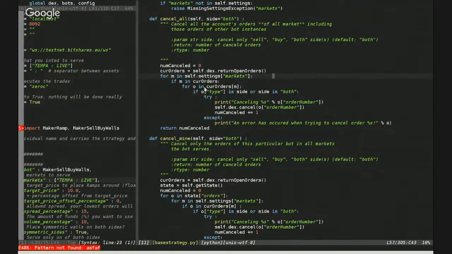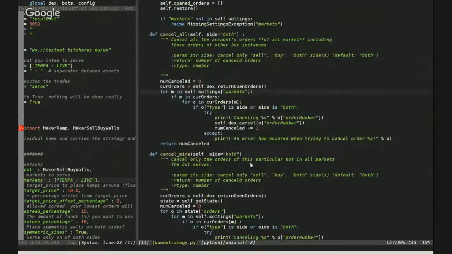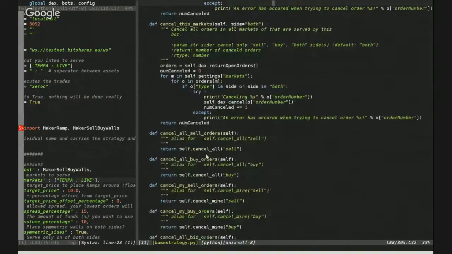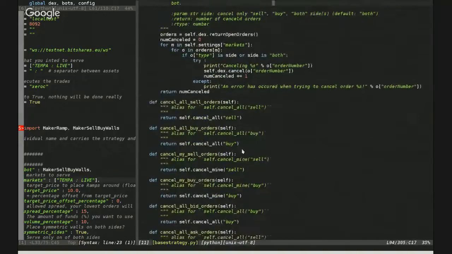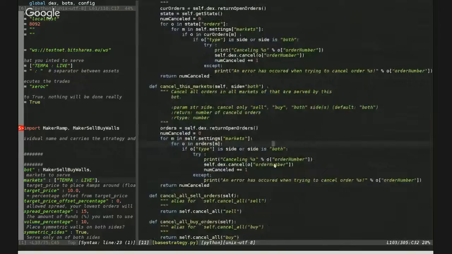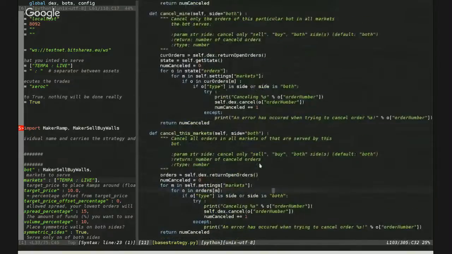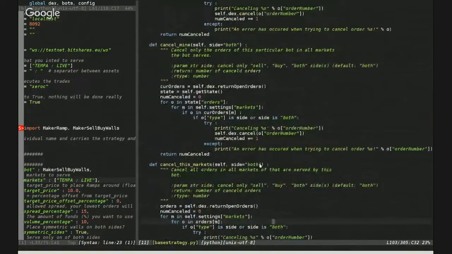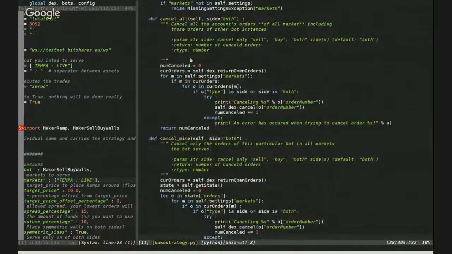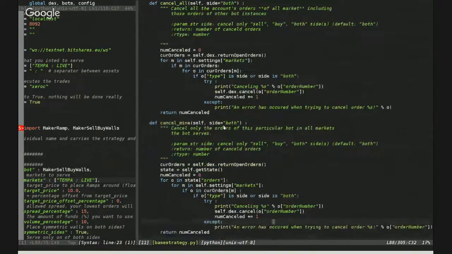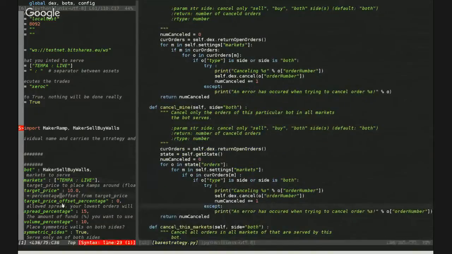Anyway, there are also some other methods that make life easier. For instance, cancel all, cancel mine, cancel this markets, and stuff like this. These are basically just for distinguishing: cancel all cancels all the orders in all of the markets that my bot deals with. Cancel mine is just for this particular bot here. I could have another one.